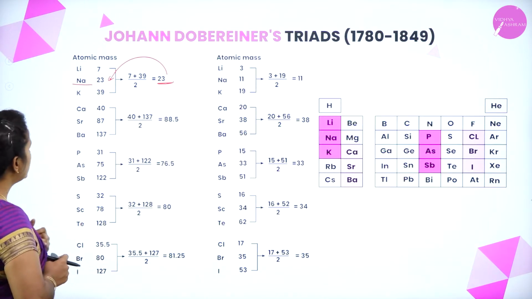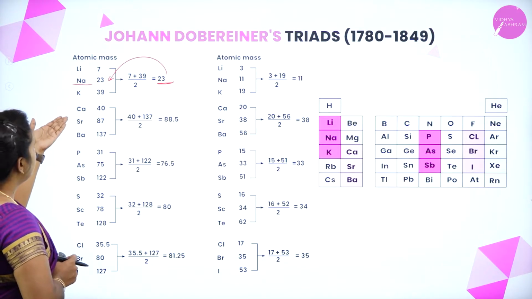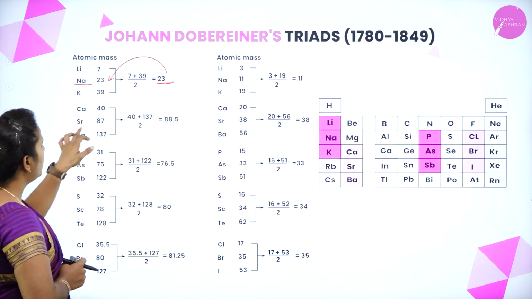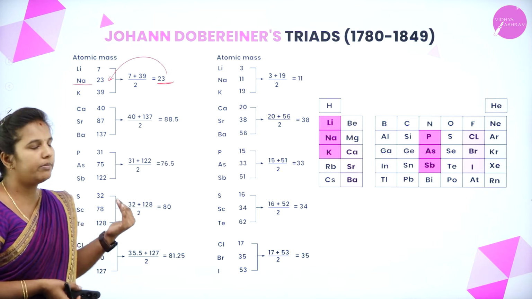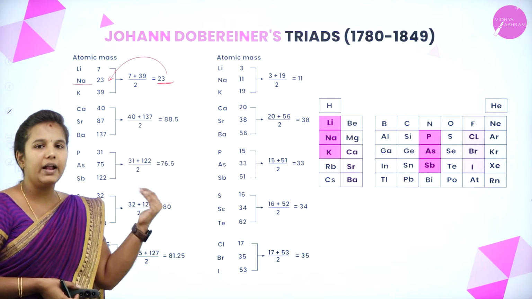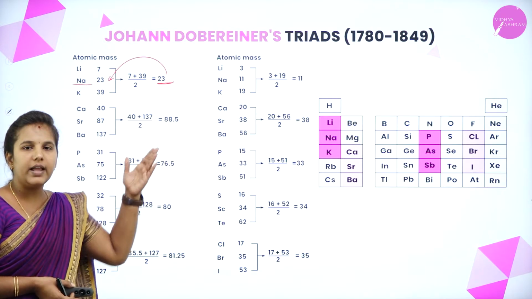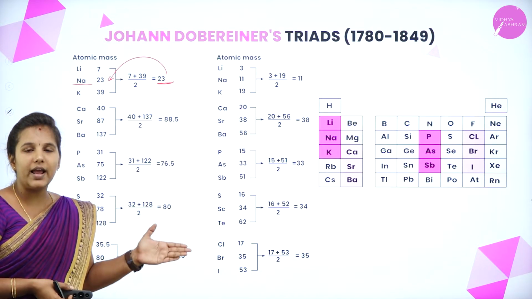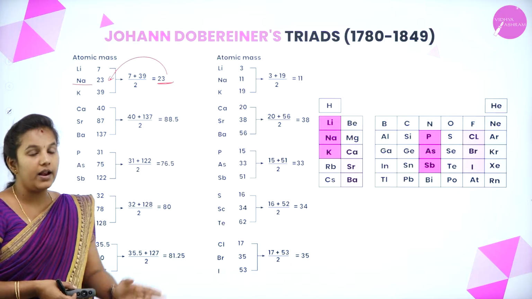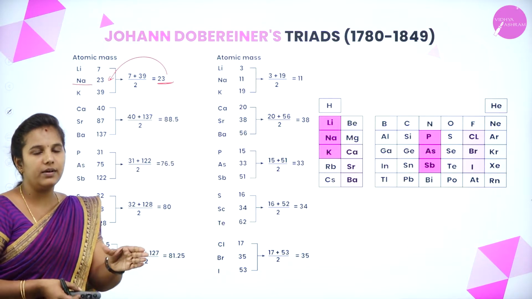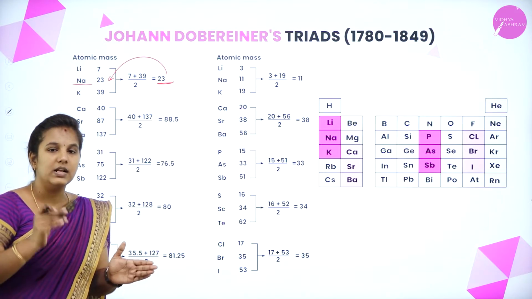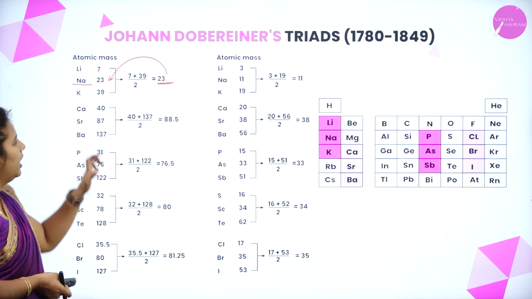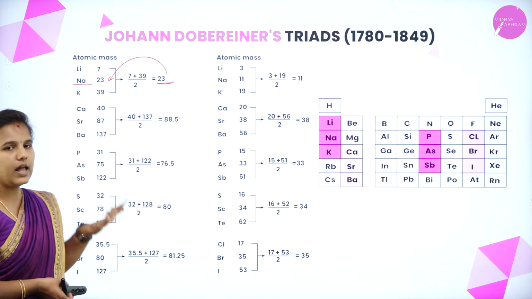Like that, he also considered calcium, strontium and barium. Here also, for strontium, the atomic mass can be obtained by adding those of calcium and barium and dividing by 2. Like this, he grouped three elements and called them a triad, and according to him, remember, the middle element always has an atomic mass equal to the arithmetic mean of the atomic masses of the first and last element.